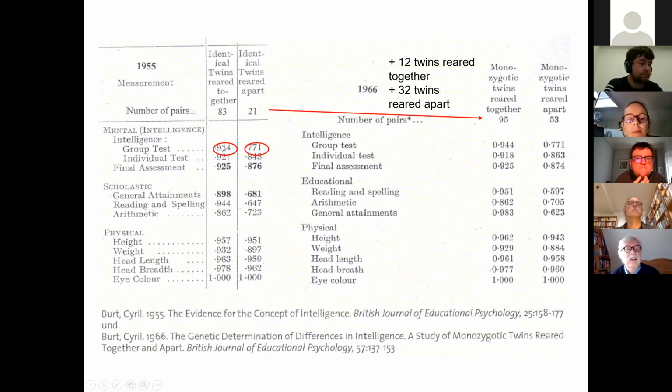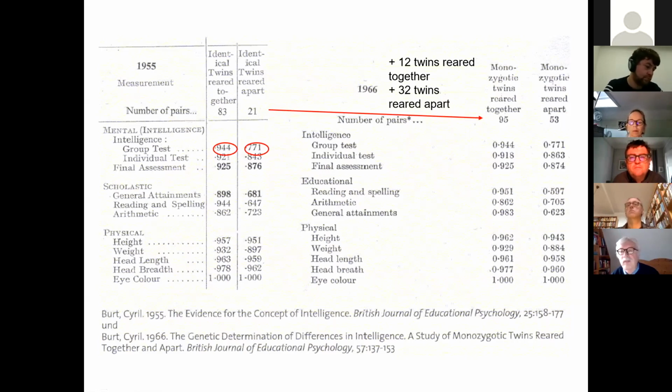Now here are two correlations: a correlation for the identical twins reared together and twins reared apart, and there are 83 pairs, 21, and 11 years later, he enlarged his studies, and now he has 12 more twins reared together and 32 more reared apart.